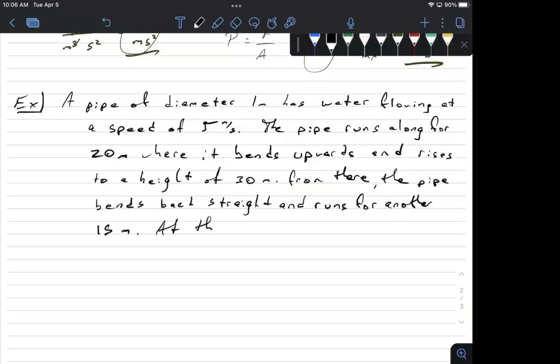At this point, let's say it constricts to a radius of, let's say, 10 centimeters.